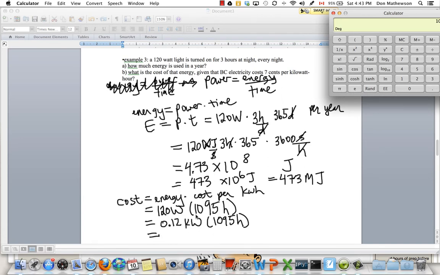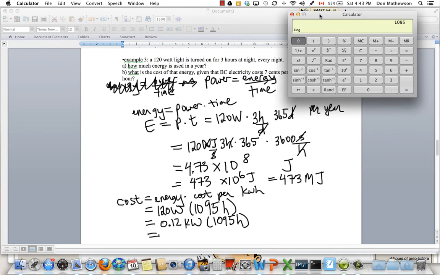So we see that we've got 0.12 times 1,095, so let's just see how much that is. Times 0.12, we've got 131.4 kilowatt hours. So that's our energy. We, of course, need to multiply this by this cost still, right? Which was 7 cents for every kilowatt hour.